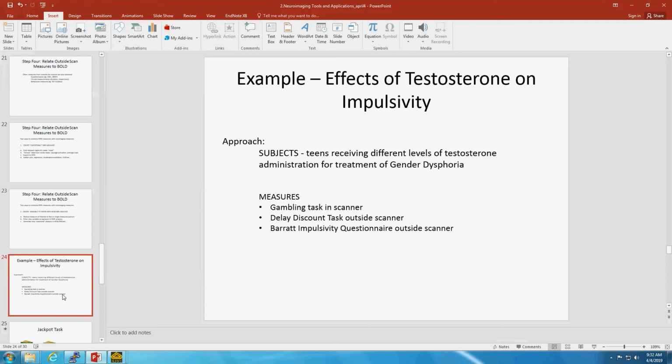So we're doing this study where we're looking at adolescents who are gender dysphoric, transgender, and are getting treated for that with exogenous hormones. In this particular group, we're looking at kids who are getting testosterone administrations at different doses.